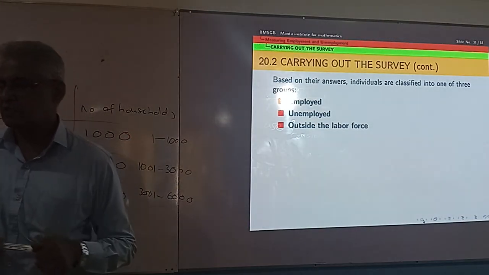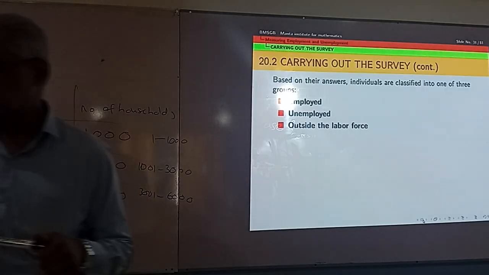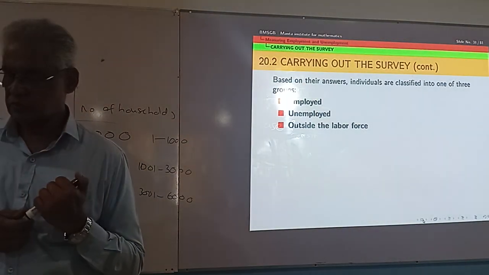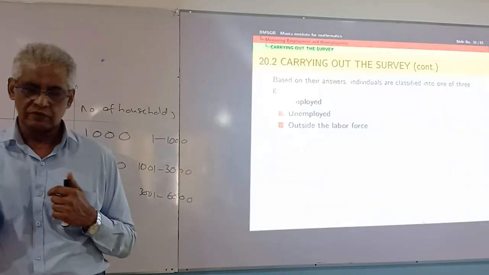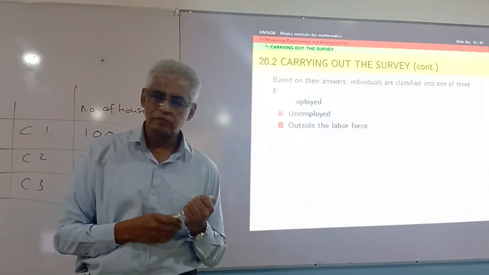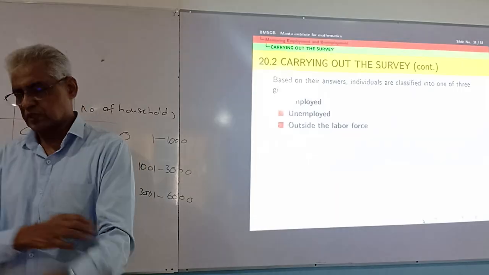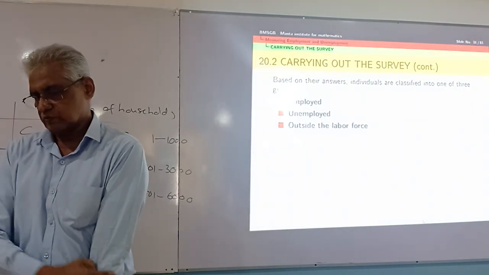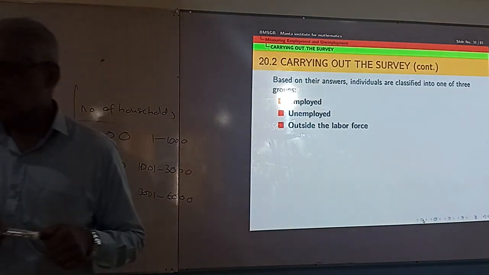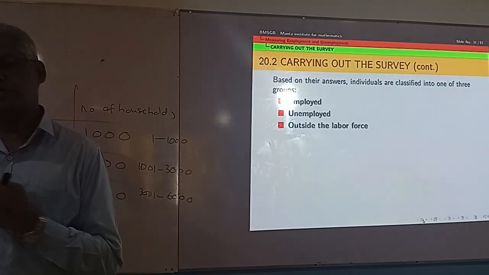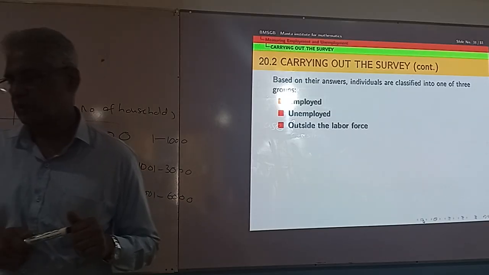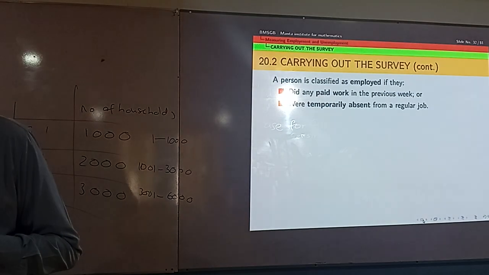So based on their answers, individuals are classified into one of the groups: employed, unemployed, or outside the labor force. If they were satisfying those conditions, working for pay or doing their business, according to that definition they categorized these people into employed, unemployed, or outside the labor force.